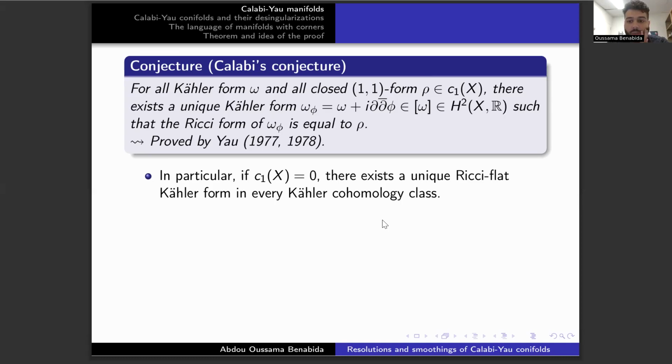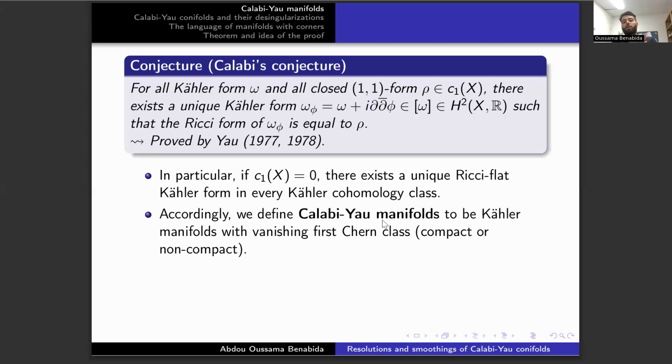This is important because, first of all, it's always important to find Ricci-flat metrics, because these are in particular Einstein manifolds, but they're also Ricci-flat. And actually, up till today, this is the most important way to produce Ricci-flat Riemannian manifolds.